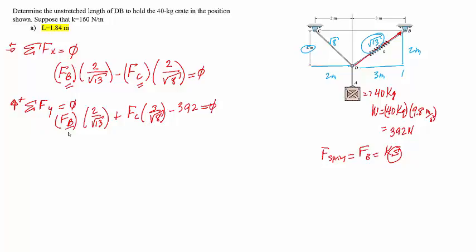So I have my other expression. So what I'm going to do is go to equation 1 and express, for example, I can do it anyway, but express FB as a function of FC, and then substitute in the sum of the forces in Y. So I'm going to do this first.